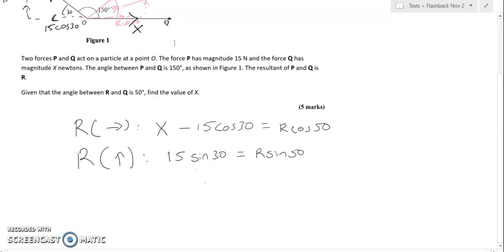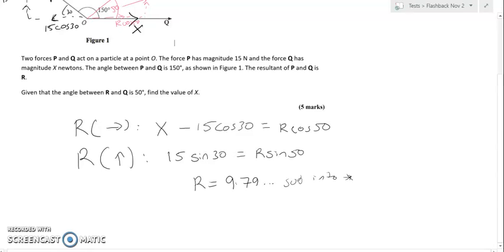And so rearranging, we can say that R is equal to 9.79, etc. Do not round at this stage, make sure you store that in your calculators. And we're going to sub that R back into the top equation.